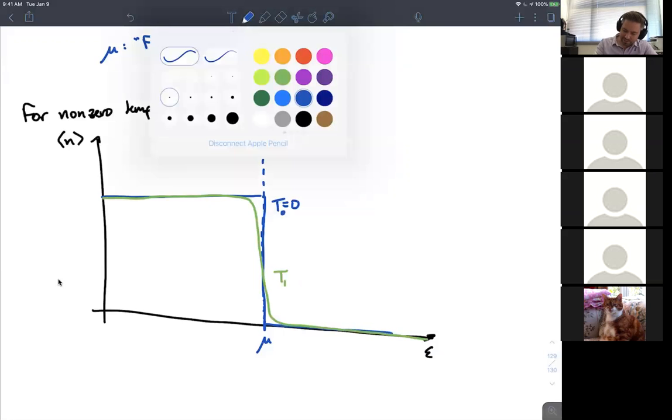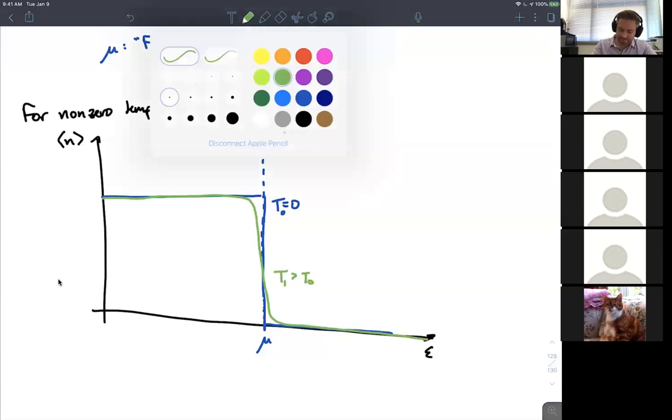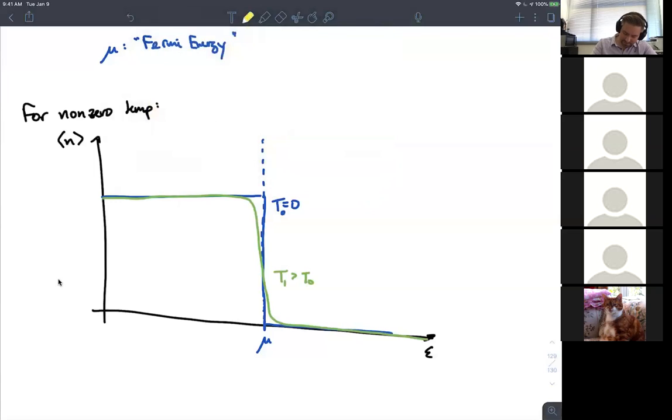We got T1 greater than T0. You heat it up a little bit more, smooth that a little bit more. So this is T2 greater than T1. You get it even hotter. It's like this, T3 greater than T2.